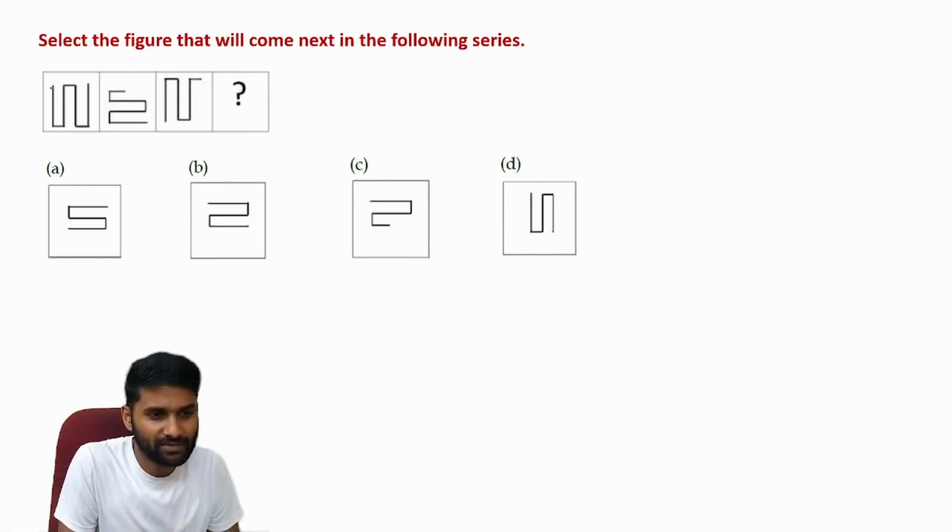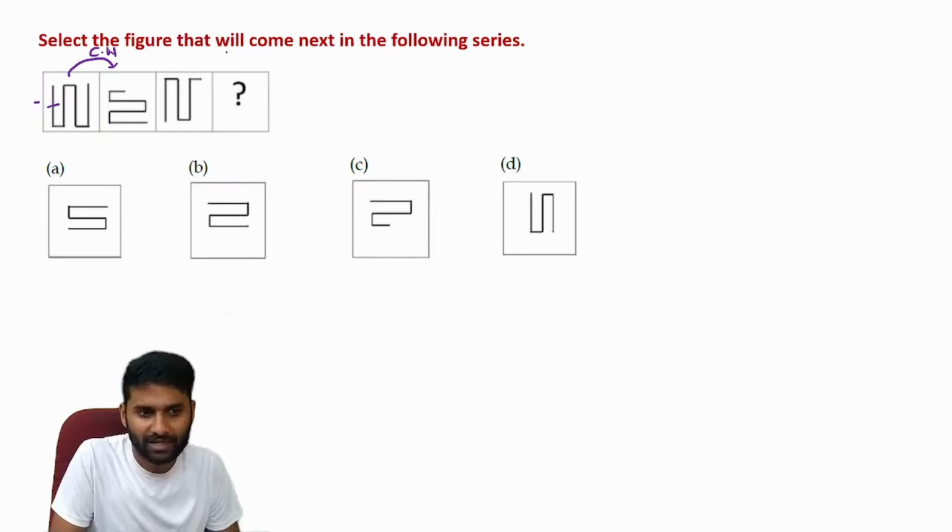Now see, it looks like 2, 3, 4, 5, 6, 7 lines. If you observe the next one, see, it was moving from here to here. It exactly turns in the clockwise direction. So if you observe that, they cut off this line.